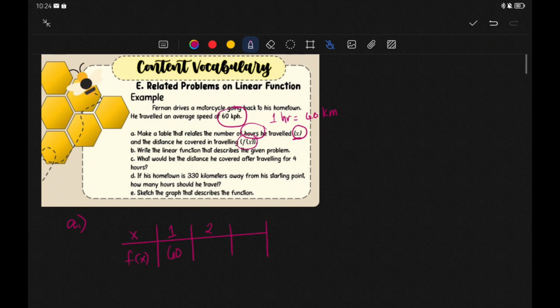For 2 hours, let's multiply: 60 times 2, that's 120. For 3 hours, 60 times 3, that's 180. So that is the table for letter A.